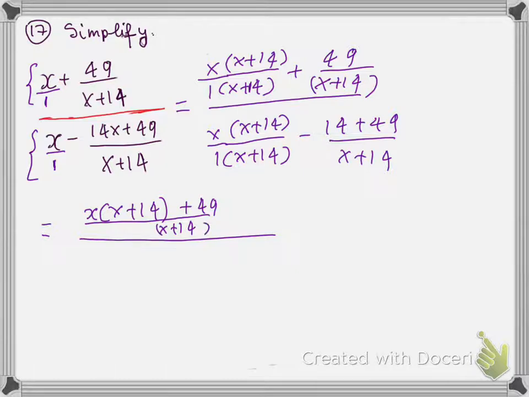In the denominator, we have x times x plus 14 minus, I'm going to put the expression in parentheses because I have to subtract the whole quantity in this numerator. So minus 14 plus 49.